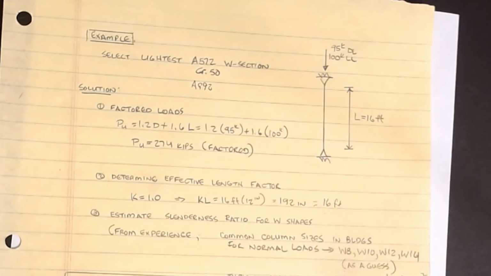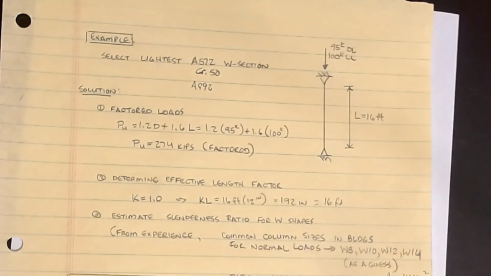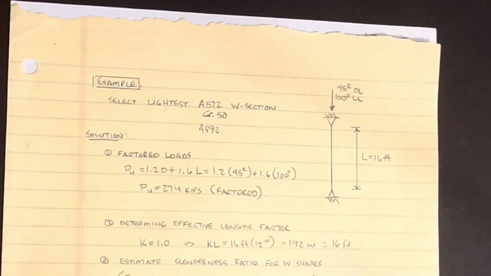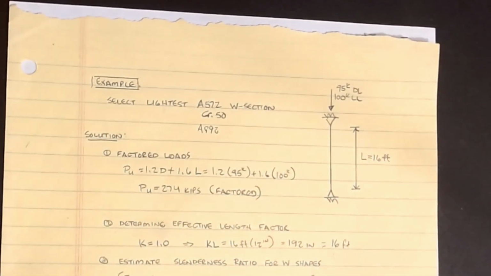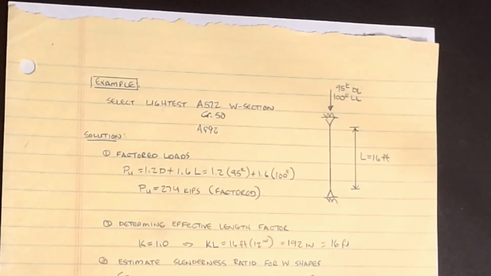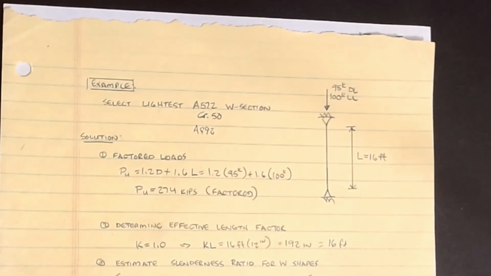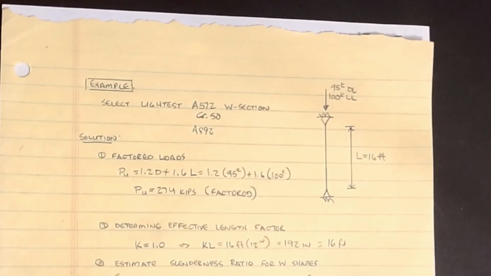So to recap our ongoing example problem, we had a column that we've been designing that was pinned at both ends, had a length of 16 feet, and had 95 kips dead load and 100 kips live load. And through our analysis of this column, notice that there's no mention of the orientation of the member, which way is the x-axis, which way is the y-axis.